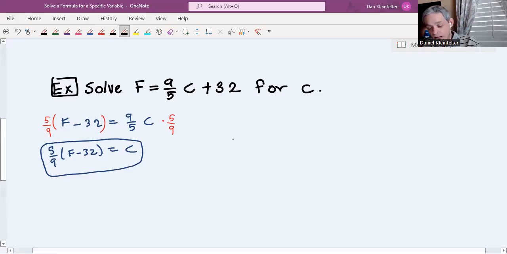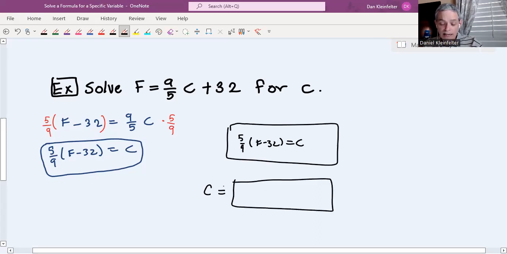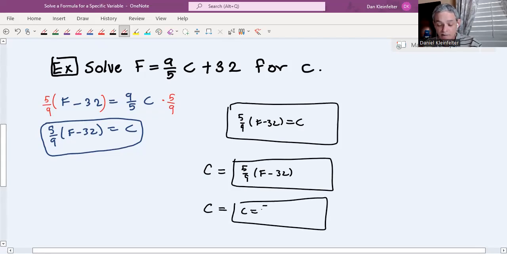For some of them, they may give you a whole answer box like this, in which case you would type in the entire 5/9 F minus 32 is equal to C. And then on others, they may have the C equals and then the answer box, and you only type in the 5/9 F minus 32. If it was this second type, where it said C equals, and I typed in the C equals 5/9 F minus 32, it's going to end up marking it wrong because of that extra C equals in it.